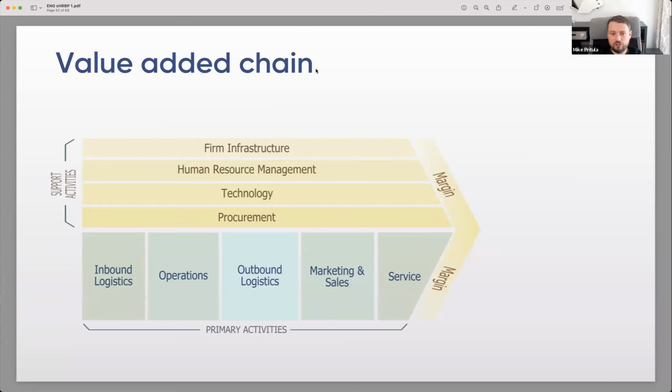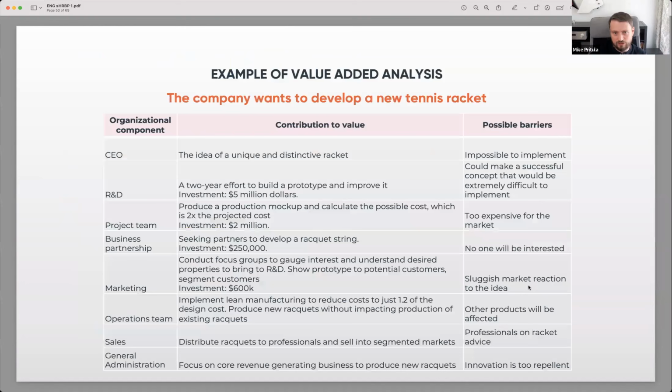Here is a value-added chain. Usually, a company has primary and support activities. And it's very important to understand in your company what kind of activities are considered to be main or primary, like service, marketing, sales, outbound logistics, operations, inbound logistics, and what kind of activities are considered to be support activities, like procurement, technology, human resources management, firm infrastructure.